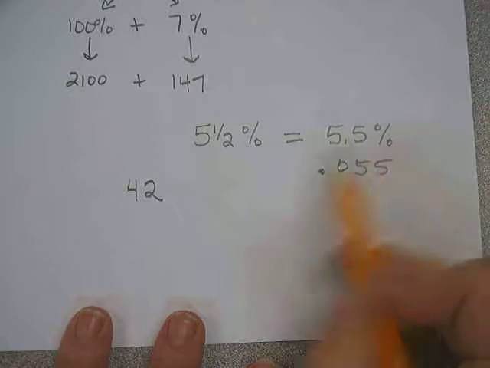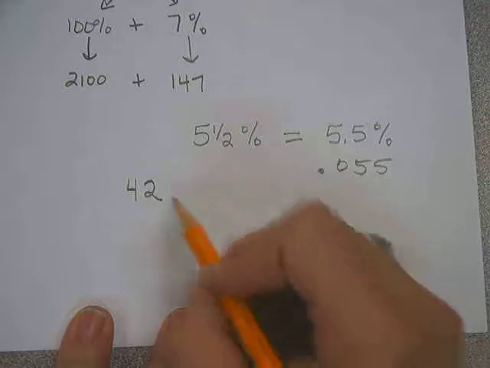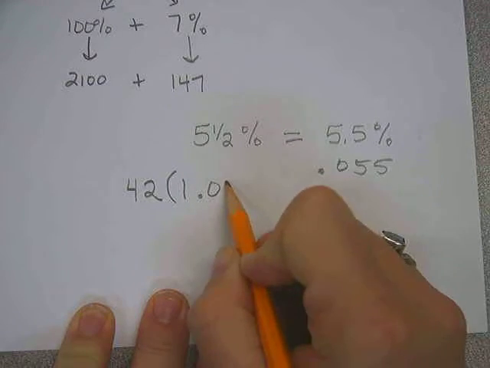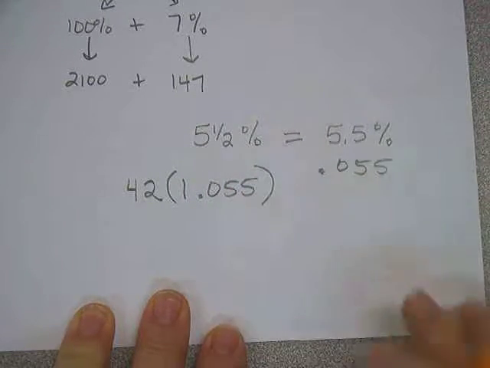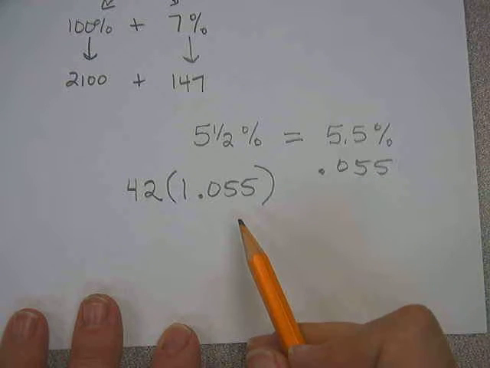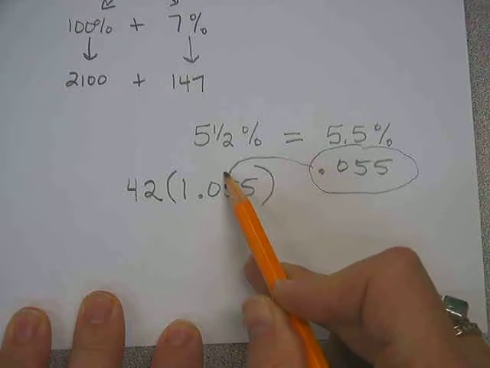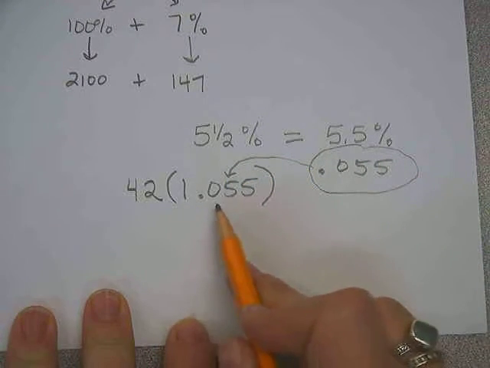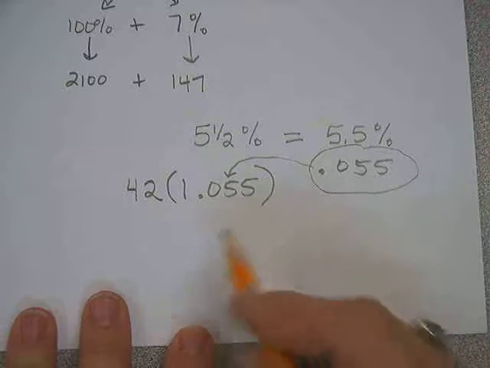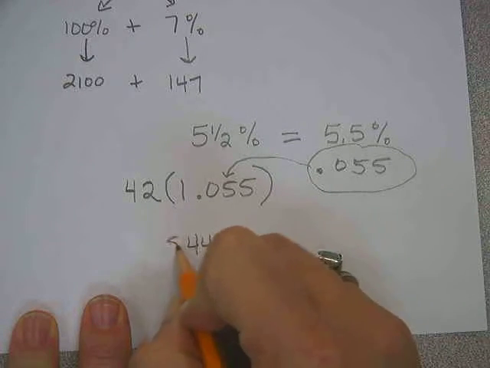So we have to find out 5.5% of 42, then we have to add it to 42. In other words, we need to multiply and figure out what's 105.5%. So we turn it to a decimal, and then we put a 1 in front of it to represent 105.5%. And when you multiply that out, you should get $44.31.